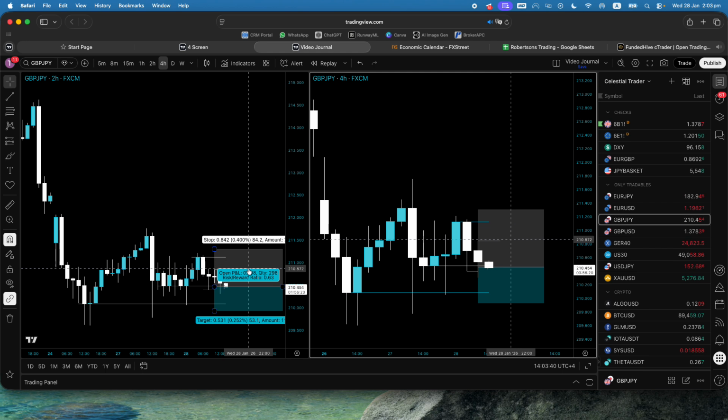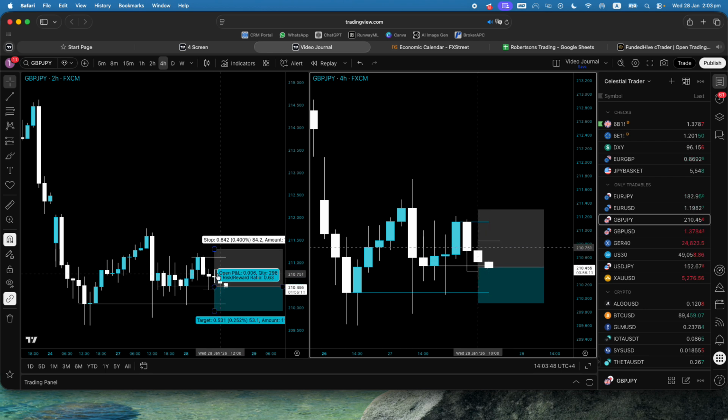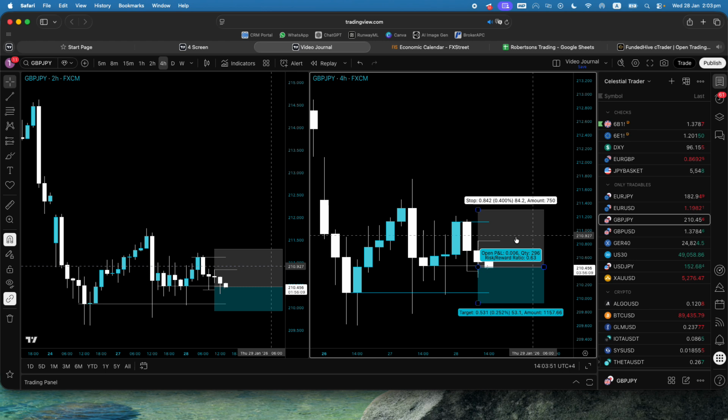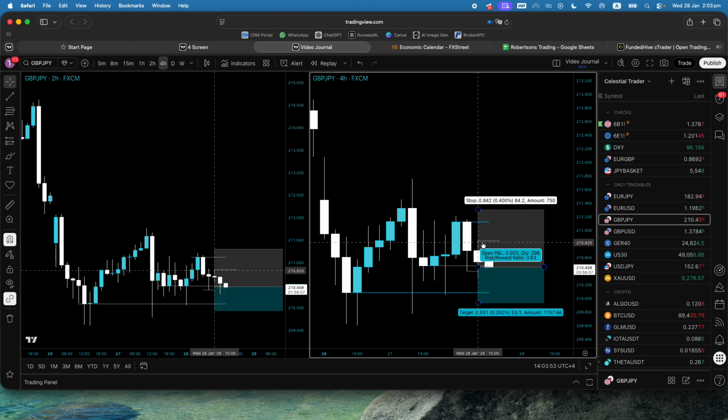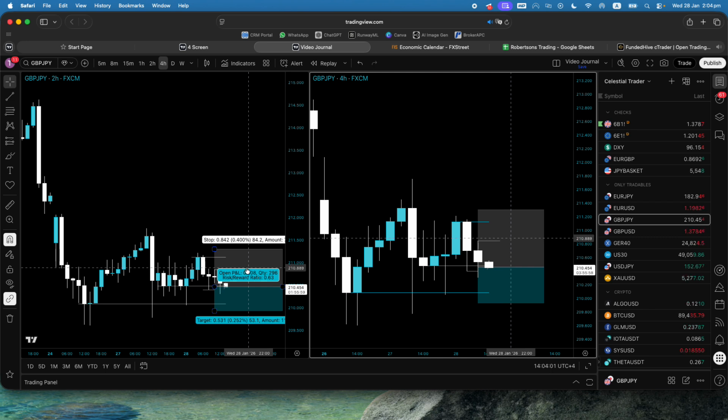If we look on the left hand side, a bit more of an experimental time frame, we've got the 2-hour candles, and by breaking this 4-hour high here, that would mean that we break these 2-hour wicks again, which is showing us that if we do go that way, there's a high probability that we're actually going to head up here, and therefore I wouldn't want to be in this market anymore.